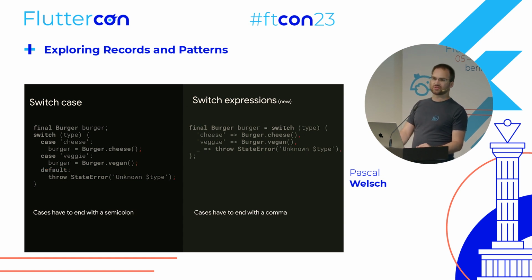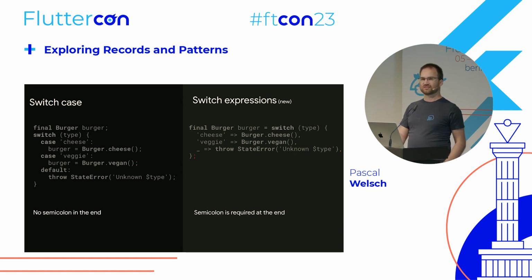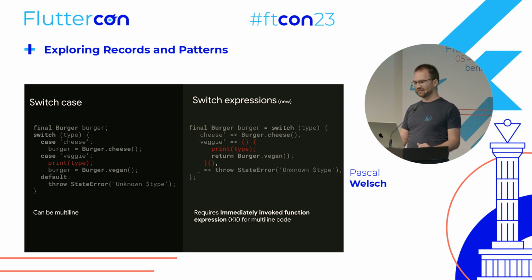The old one uses semicolons, the new one uses commas. The old one did not require anything at the end. The new one does require a semicolon at the end. The old one allowed us to write multiple lines. The new one doesn't allow us to write multiple lines. Here we have to use the immediately invoked function expression again.